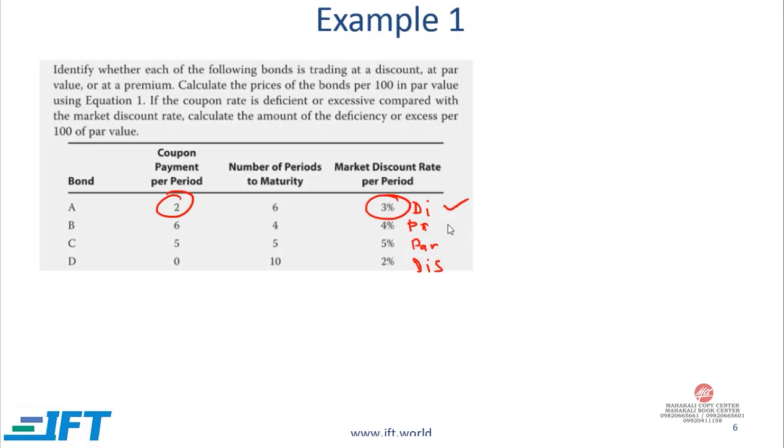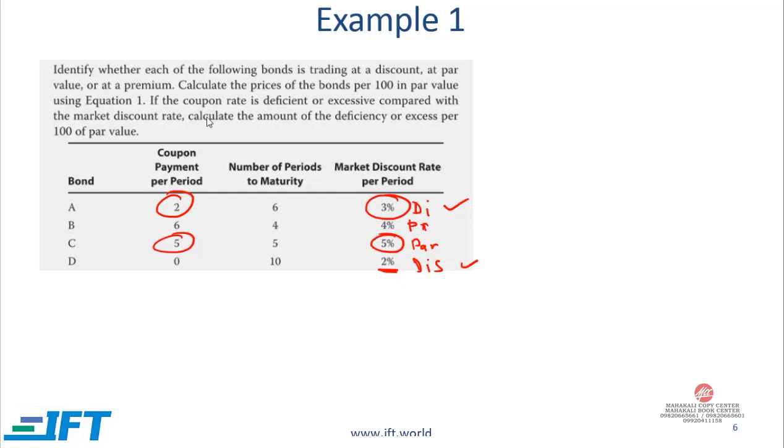That is the case with bonds A and D. D in fact is a pure discount bond, which means that the coupon rate is 0 and the market discount rate is 2%. So A and D are discount bonds. C is a par bond because the coupon rate and the market rate are the same, and bond B is a premium bond because the coupon rate is high relative to the market discount rate.